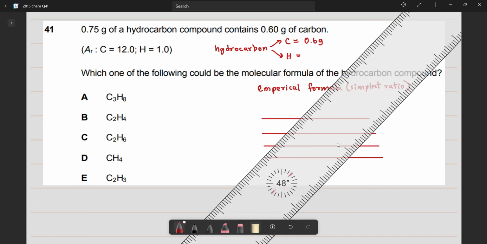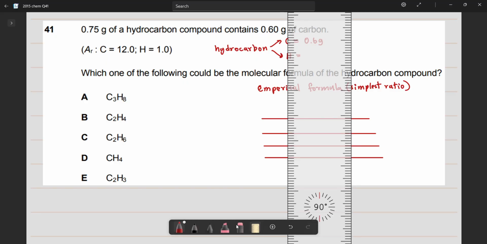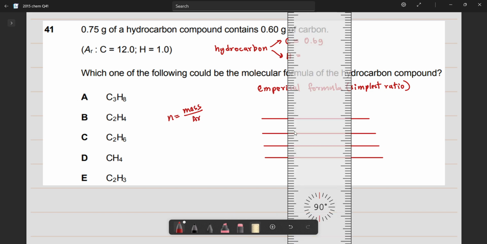In this empirical formula method, we're going to use one main formula, which is moles equal to mass divided by the atomic mass, the most basic formula we're going to apply here.